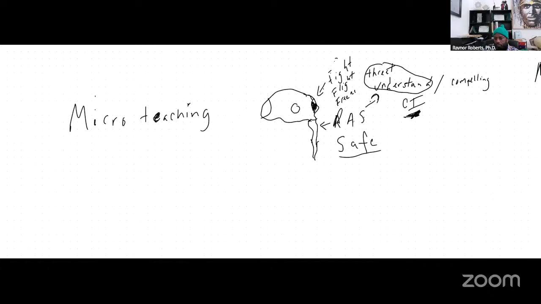All right. Because they don't understand it or they see it as a threat. Now, if the information is safe, the RAS sends that information to this other part of the brain called the amygdala. I always spell this wrong.